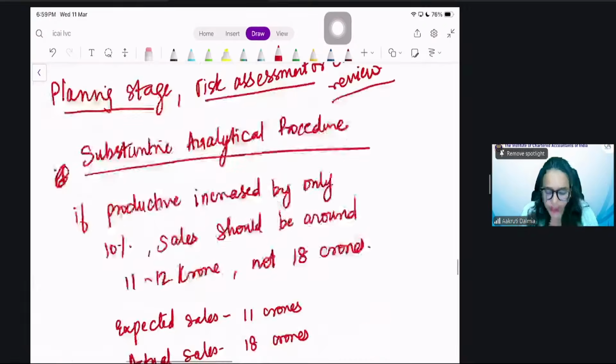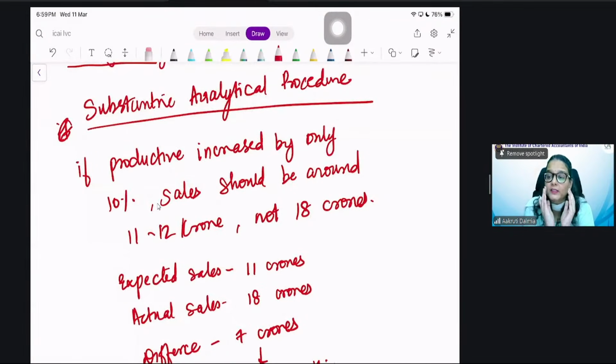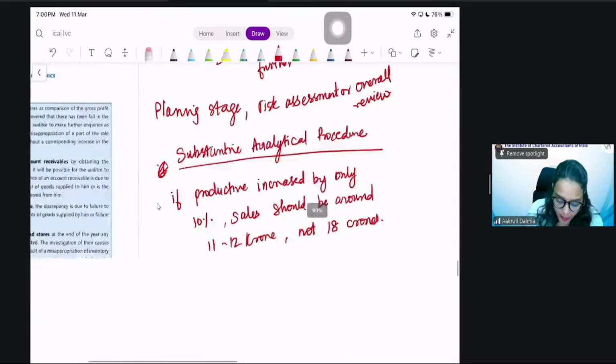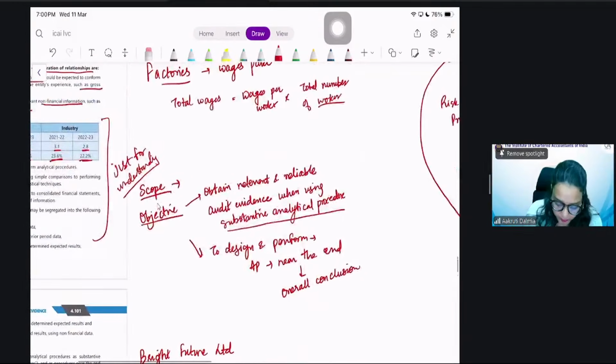But when we are doing analytical procedures to find evidence that can help us identify misstatements specifically, that use is called substantive analytical procedure. Does everyone understand?